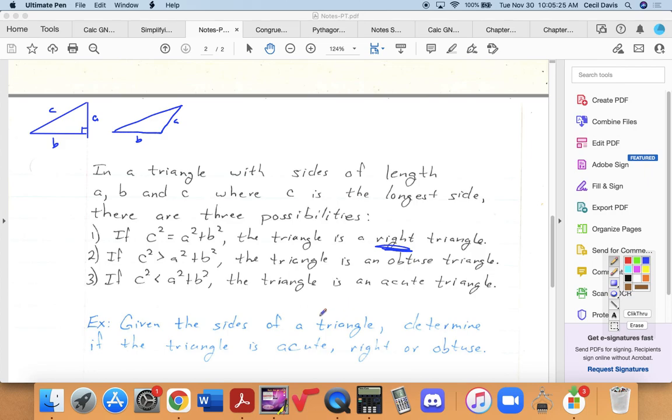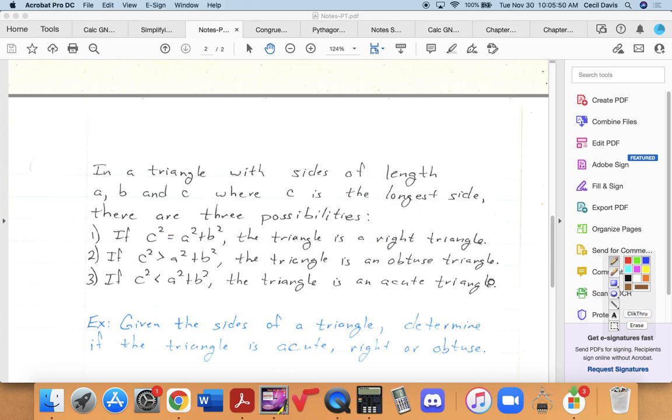They thought it was hilarious that "right" was used two different ways, and I was like, okay, if that helps you remember, great. If the big side is too small, it's an acute triangle. If the big side is too big, it's an obtuse triangle. If the big side is just right, it's a right triangle.